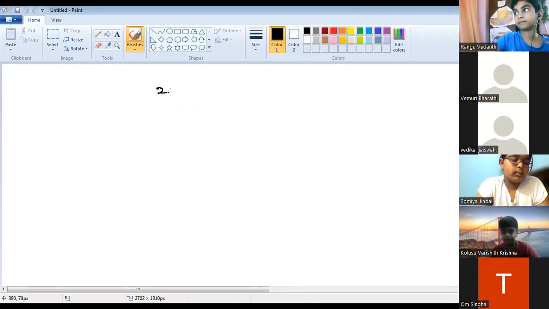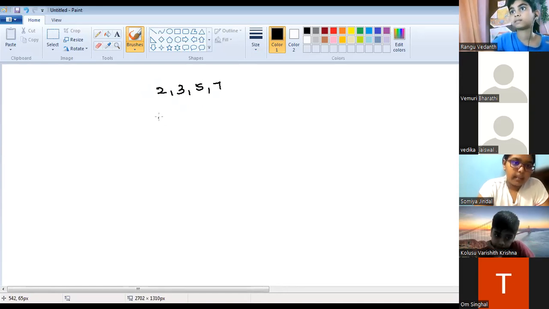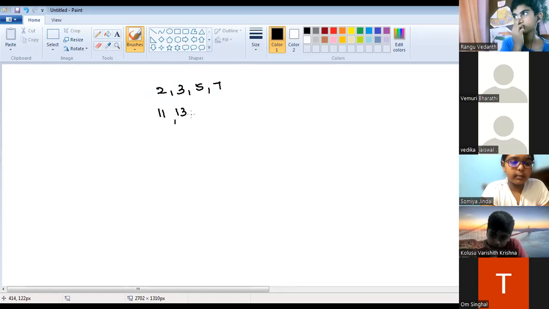Not only that, children, I'll write all the prime numbers together because I need to give a few more questions based on them. What are the other primes, children? 11, 13. Who said 9?